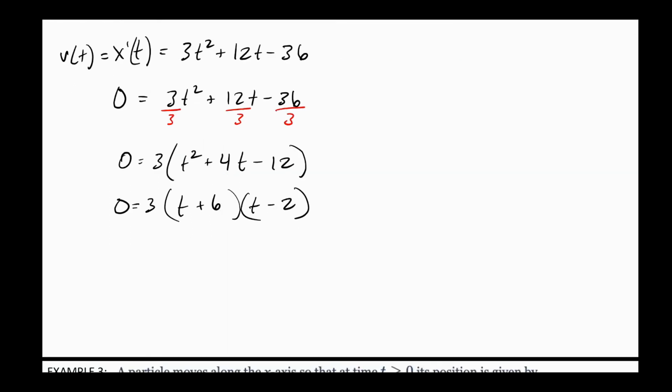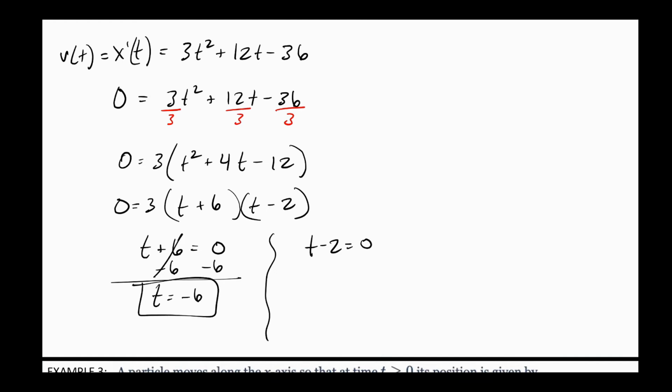Okay. I'm going to set those equal to 0. Find the zeros. Subtract 6 from both sides. I get t equals negative 6. Add 2 to both sides, and I get t equals positive 2.